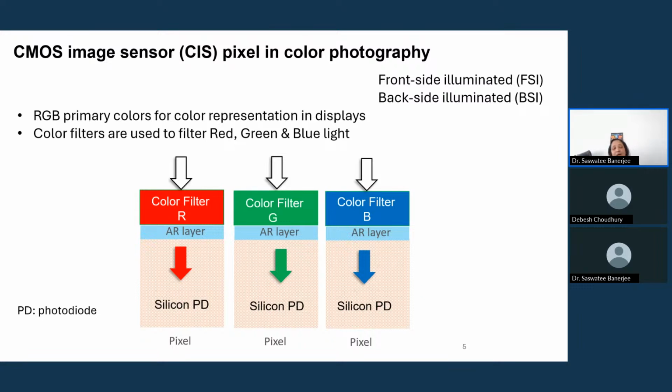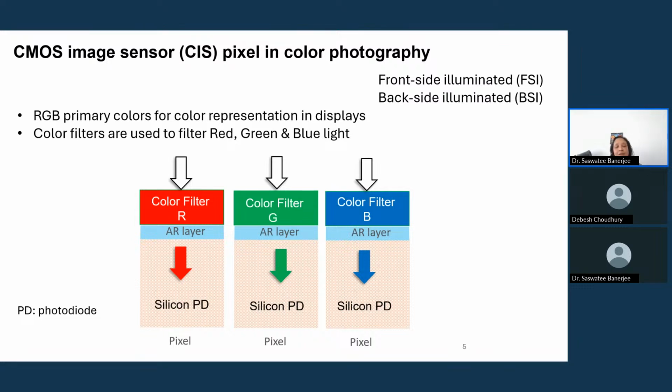This is different compared to light emitting materials, where you need direct band gap materials. Silicon is actually an indirect band gap, so it can be used very well in light absorbing devices.